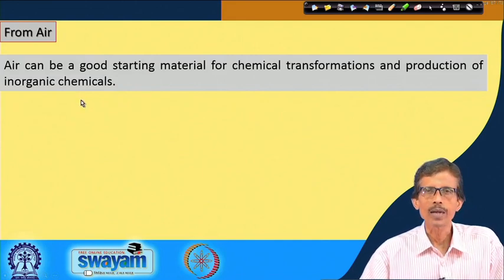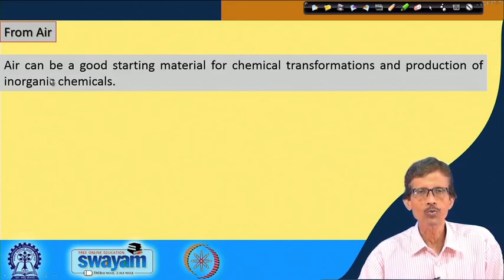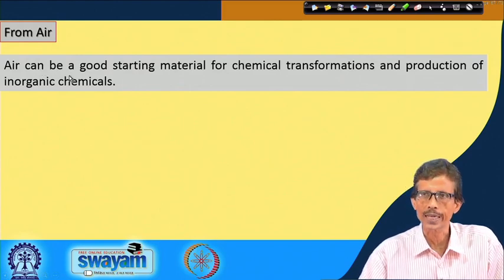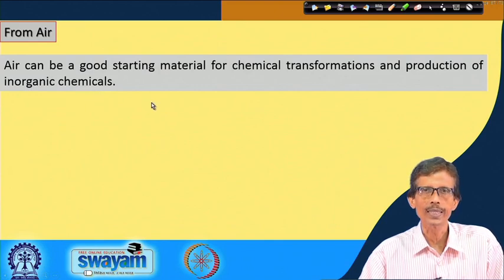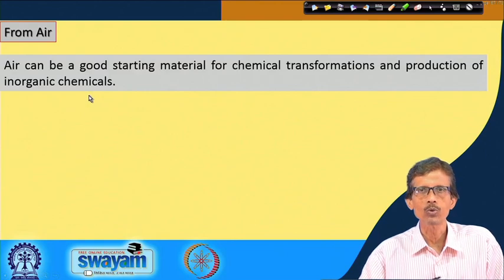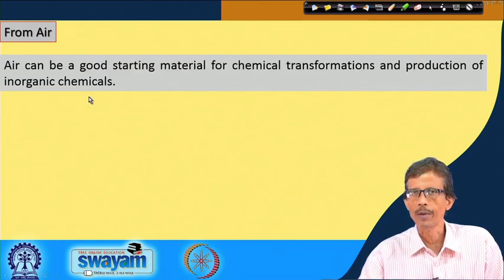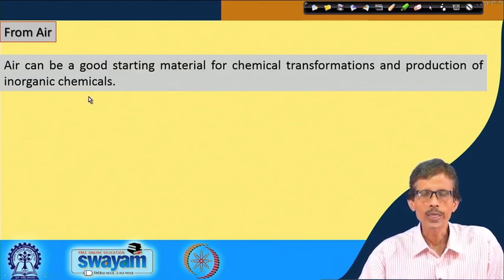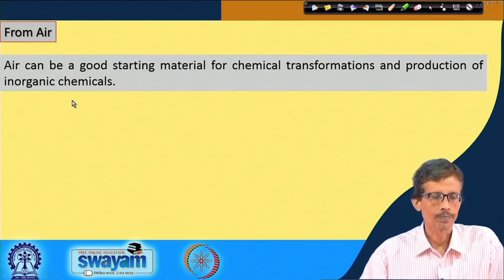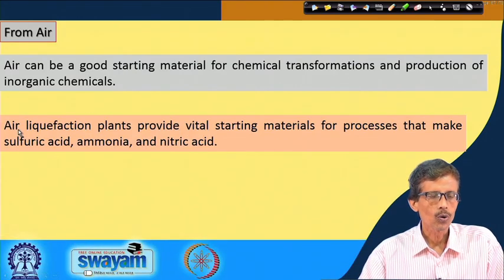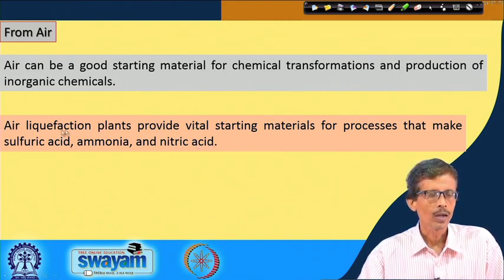So, utilization of nitrogen from air is a useful technique for getting value added inorganic chemicals like nitric acid. We can also add hydrogen to this nitrogen to get ammonia or urea or other fertilizers. This is done in air liquefaction plants basically.